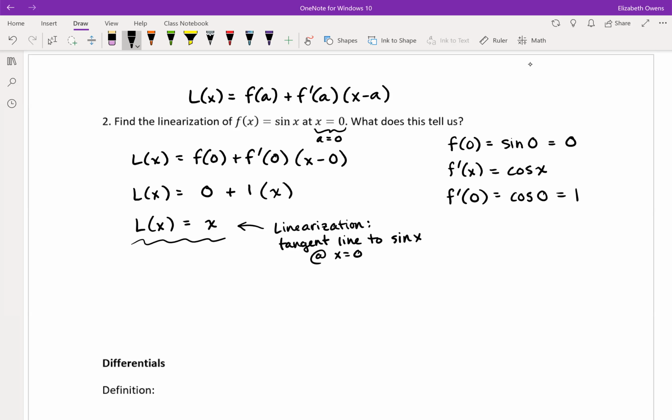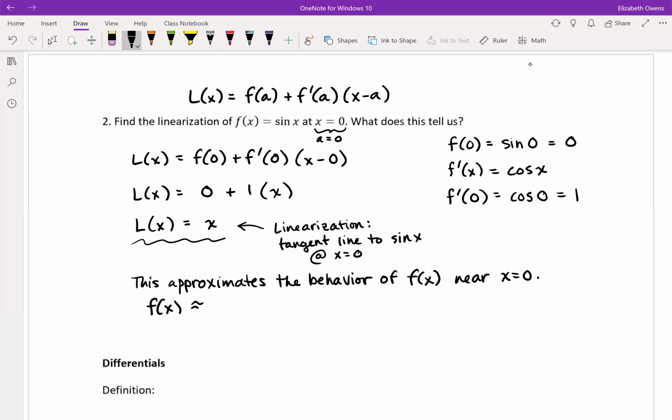And so this linearization, if you'll remember how we've been using these, will approximate the behavior of f of x near x equals 0. Okay, so f of x is approximately equal to L of x. That's what the idea is there.